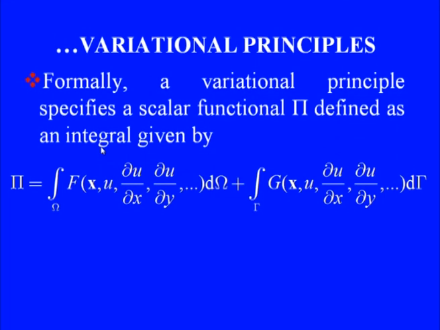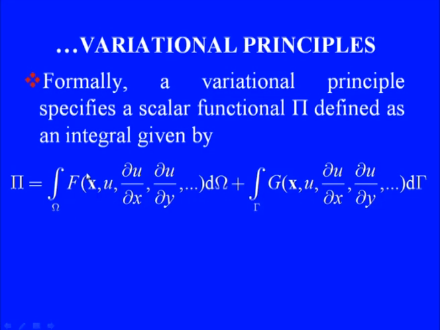Formally we can define this variational principle as the specification of a scalar functional pi which is defined by an integral. So, pi is the integral over the domain of f of x, u, del u by del x plus del u by del y, and so on and so forth, d omega.